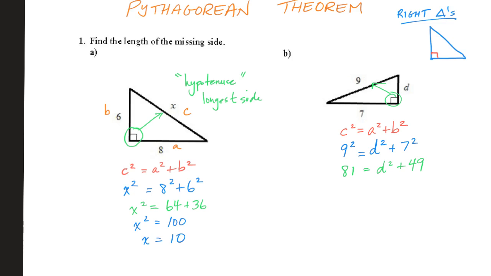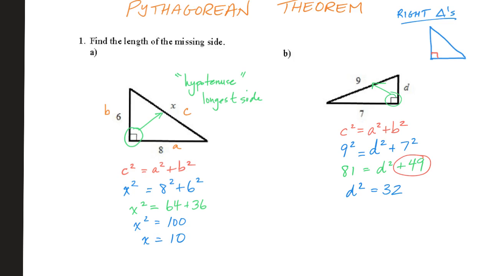For you to get the d squared all by itself, that means that we have to get rid of our plus 49. And so to get rid of that plus 49, then we need to minus 49. If we subtract our 49, then that gives us 32.